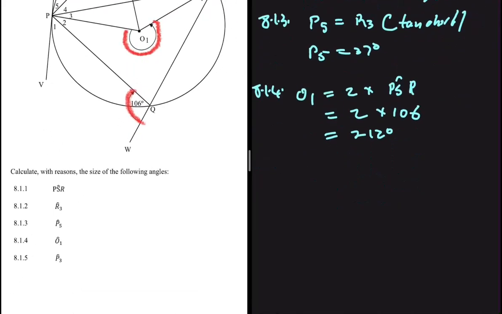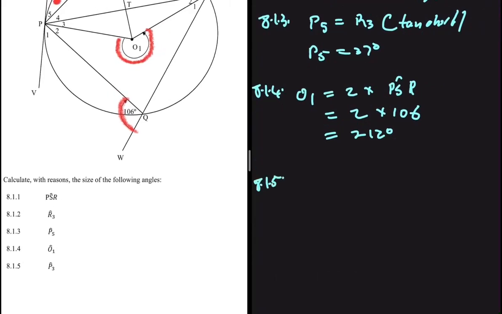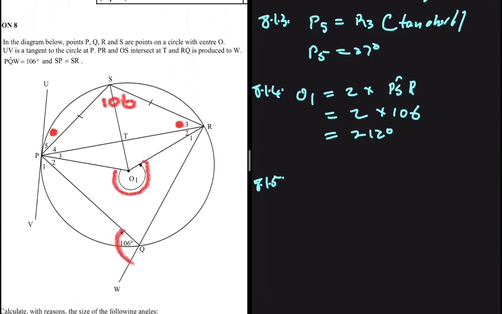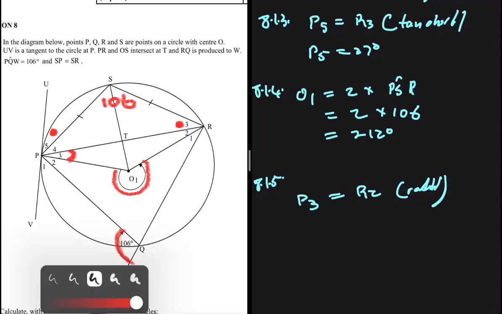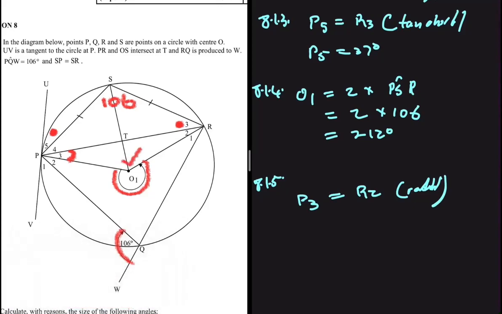Let's look at 8.1.5. We're looking for the size of angle P3. That should be easy to compute. Why am I saying that? P3 is equal to R2 because they are all radii. And if we have the size of angle O1, then we have the size of this angle POR.